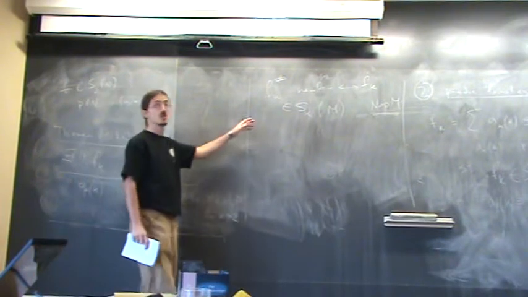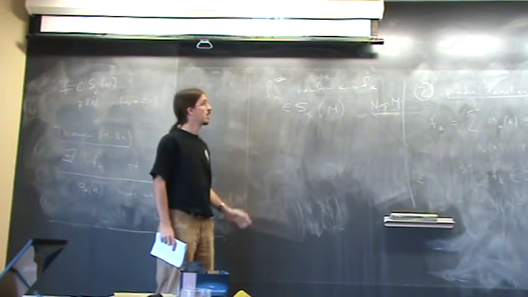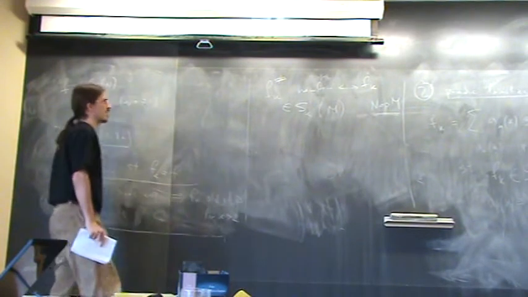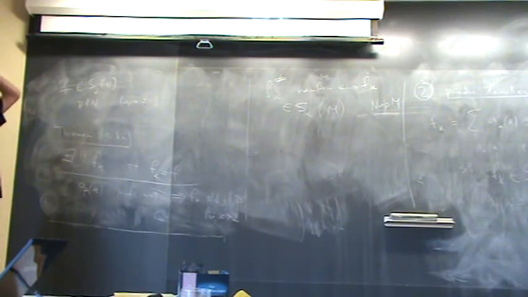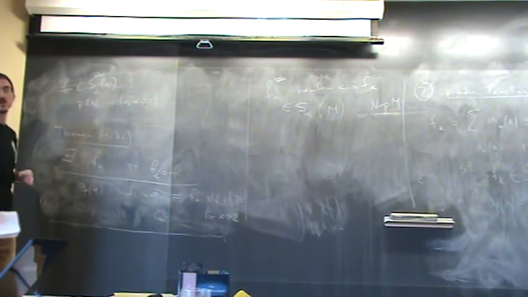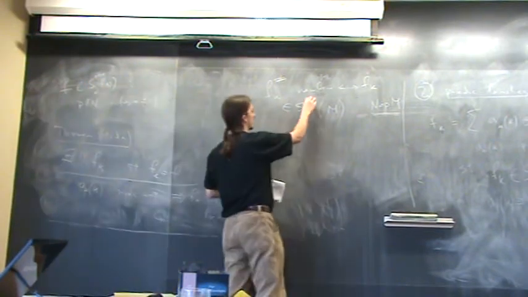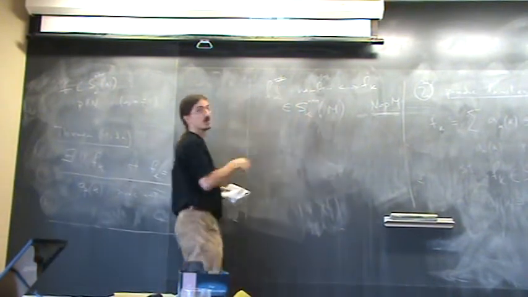Why does the form of level M have to be new? Why couldn't it have lower level? Well, if F was new here, then F_k sharp has to be new here.